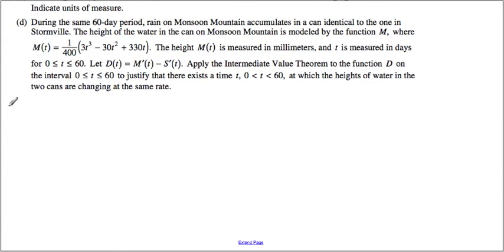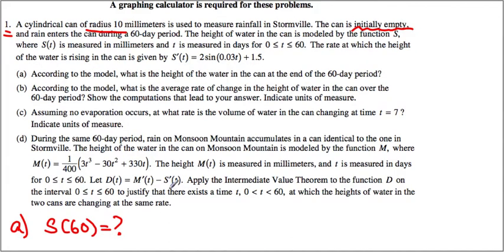So in order for us to answer A, what we like to do is this. We like to use the height of the water. Basically, we're talking about S of 60. That is our question mark. But since what we are given is S prime, what we can do is this.